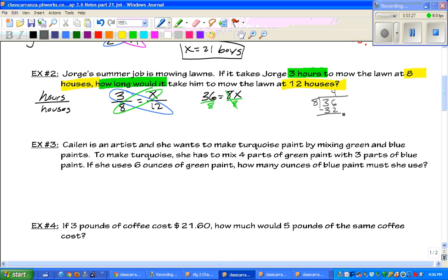That gives us 32. We're going to add the 0, so I brought the decimal up. 8 goes into 40 5 times. So the answer is x equals 4.5 what? Remember, we're talking about hours.